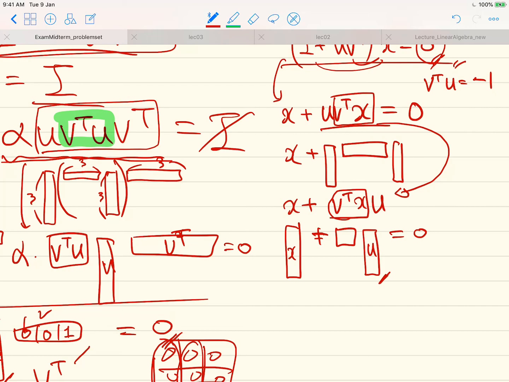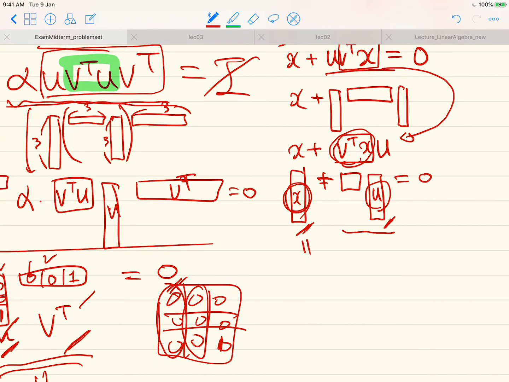And then we have a freedom to choose this vector x, but this part is some scalar of U, right? And so x also should be in line with vector U, so that we can make the zero vector, right?